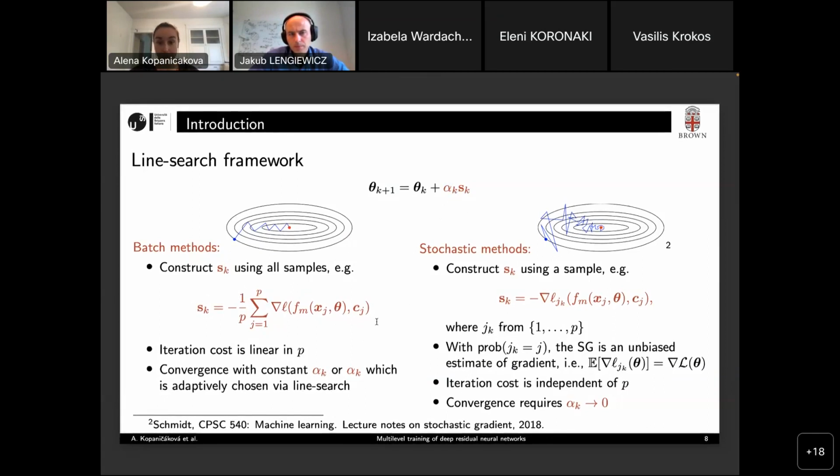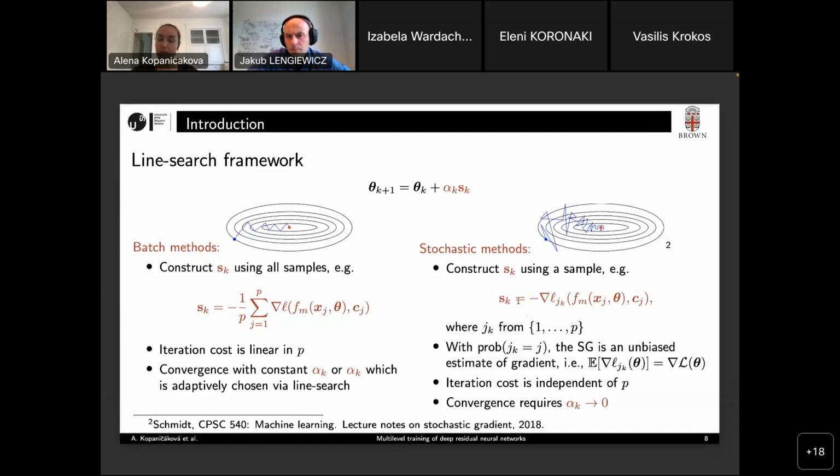Alternatively, we can use a stochastic approach where our search direction is constructed using only a single randomly selected sample from our dataset. For example, here again, using a first-order approach, our search direction is constructed as the negative gradient, but now evaluated using just this j_k sample.